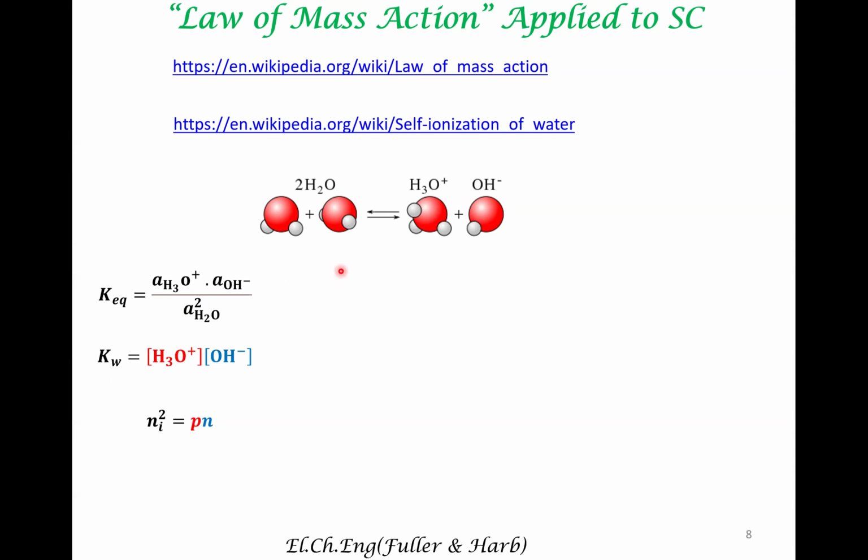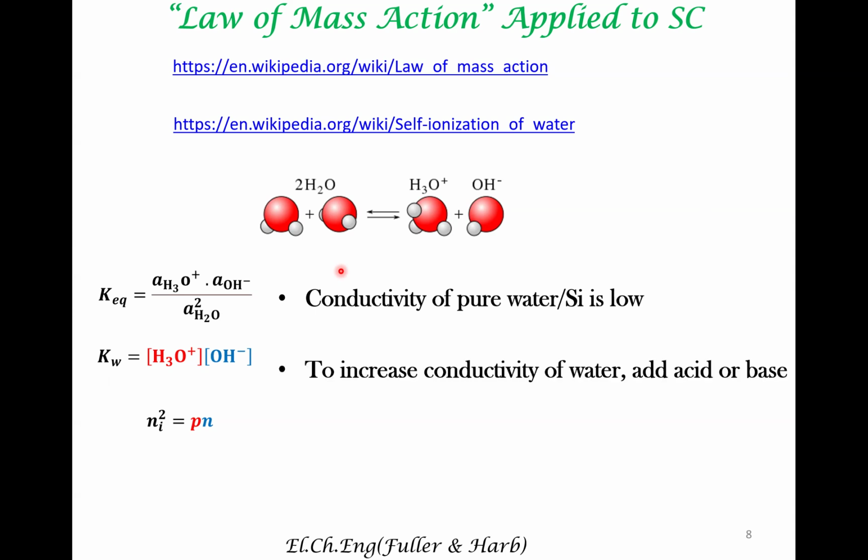Stretching the analogy further, just as you had seen that the conductivity of pure water is very low, the electronic conductivity of pure silicon is also very low. One way to increase the conductivity of water is to dope it with an acid or a base.